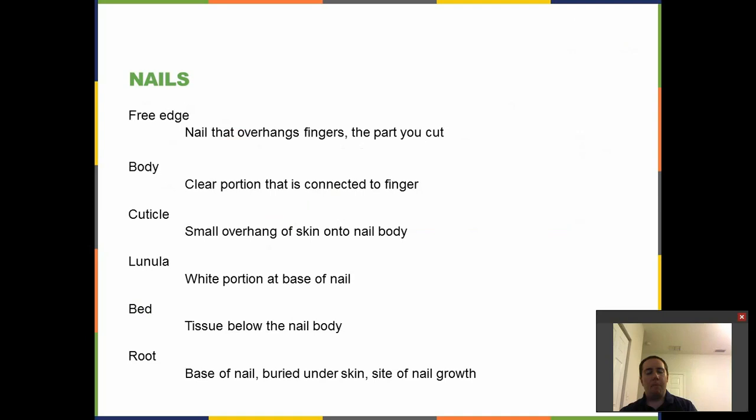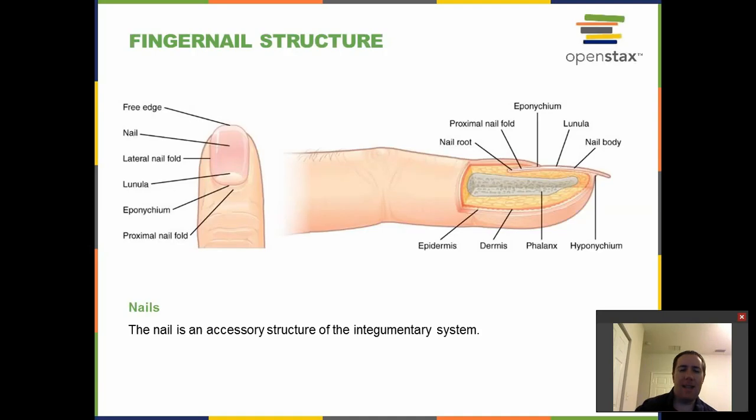The nail bed is the part of your finger underneath your nail where the nail is attached. And then we have the nail root. And you can't see that. The root of that fingernail extends under your skin here. It extends a little ways, and the part that goes under your skin is the root.